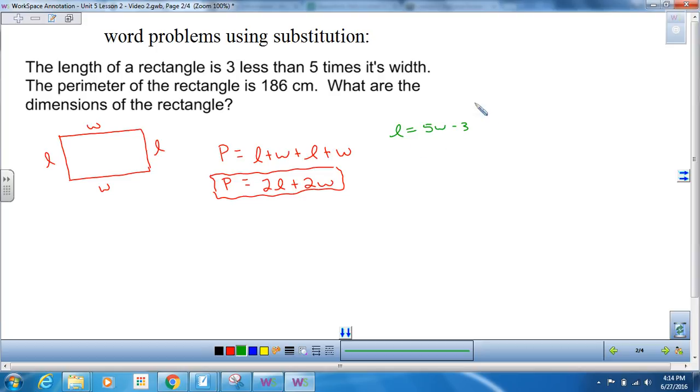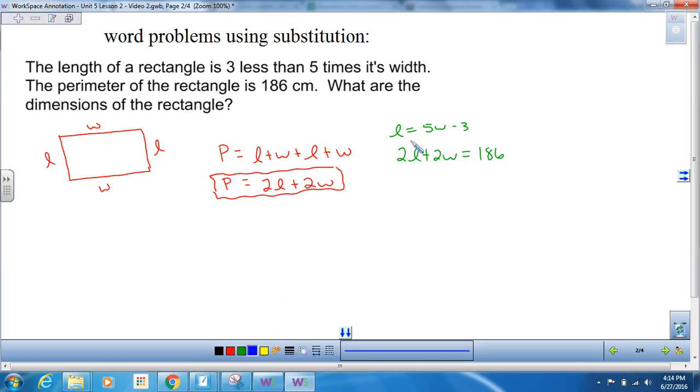So a common mistake is that you want to write this, but that doesn't make sense. That's saying that you're doing 5 times its width less than 3. And we want 3 less than 5 times its width. Okay? So that's the first equation. Then the perimeter is 186 centimeters. Okay, so 2L plus 2W equals 186.